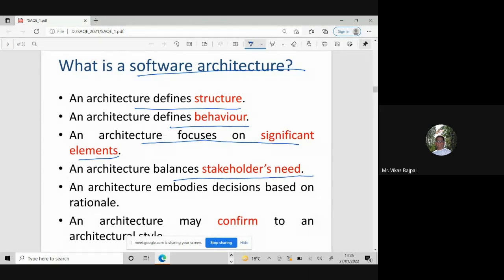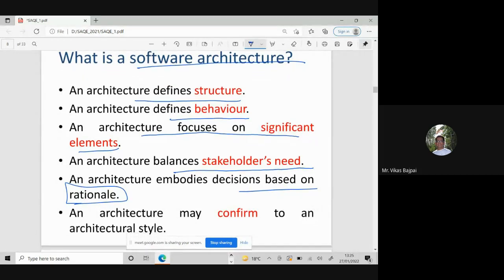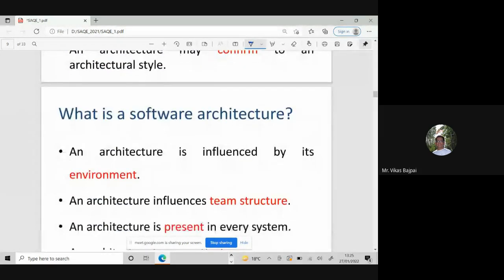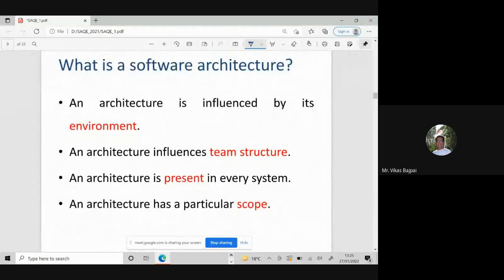Your architecture embodies decisions based on rationales, for why we are going for, let's say, two-tier architecture or cloud-based environment or three-tier architecture, because everything will have a rationale. An architecture may conform to an architectural style as well. This architecture is influenced by its environment, and it influences your team structure as well.